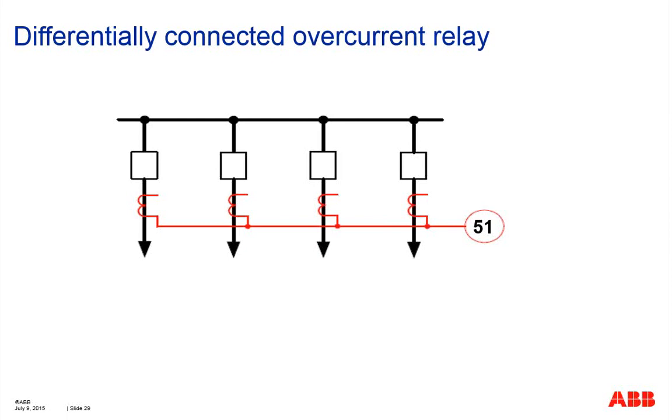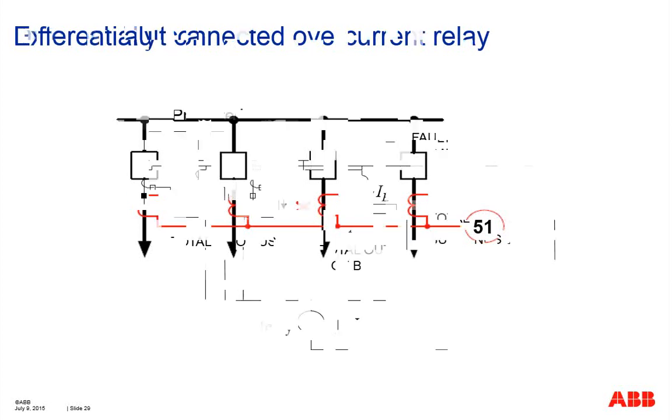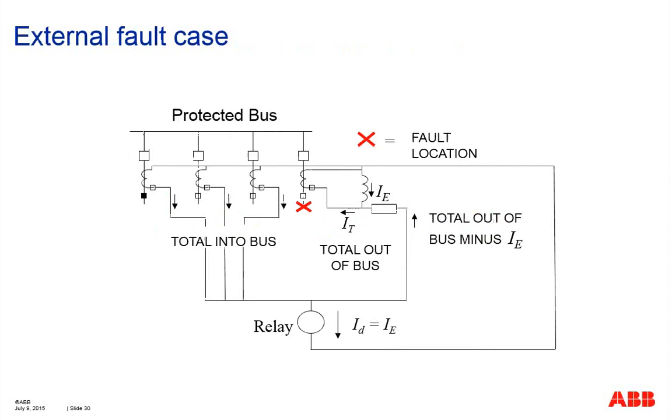Or, once any CT saturates, you need to know how high the false differential current can be, so you have to set your pickup level higher than that. In other words, you will lose sensitivity with the scheme. The scheme cannot be set too sensitive. That's the downside.